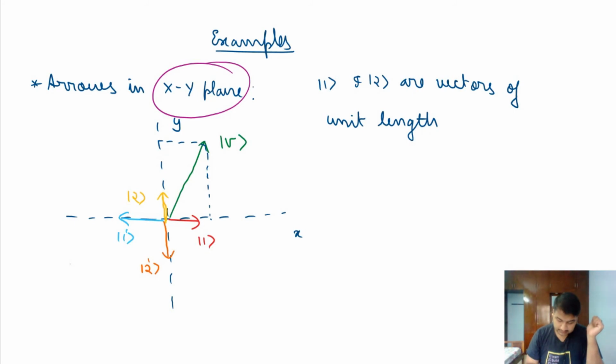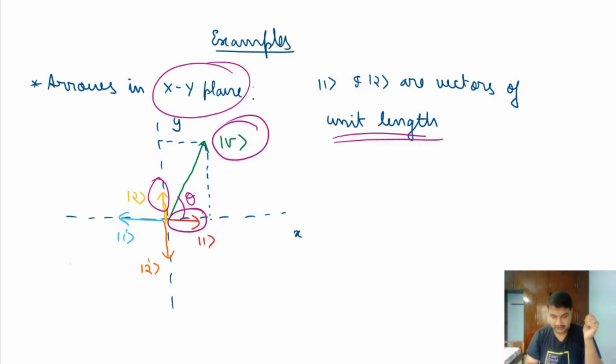So if we take this example over here, we have the vector v, and let's say that we want to expand it in a basis which consists of two vectors along the x and y axis, and I am going to assume that they have unit length. Then if we know this angle, you are all familiar with how we split this vector along these two directions.